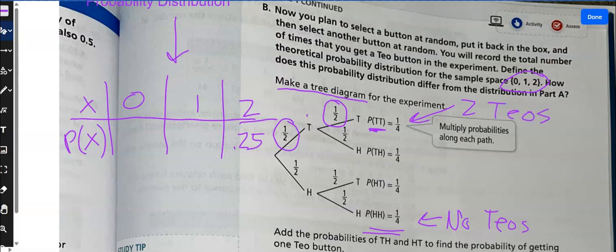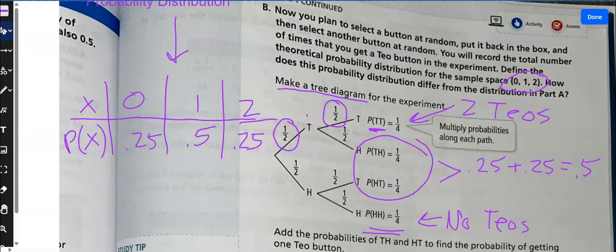No Teos would also be a quarter. But then we have these two situations in the middle where we get one Teo. Those can be added together, so that's 0.25 plus 0.25. So we have a 50% chance of getting that one Teo out of the bunch.